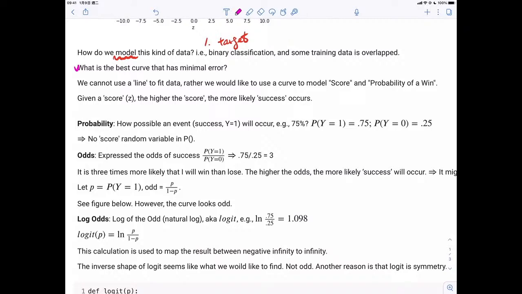We cannot use a line to fit this data. Rather, we would like to use a curve to model the relationship between score and the probability of a win. Given a score, the symbol is Z. The higher the score, the more likely success occurs. So we think about probability, how possible an event is.